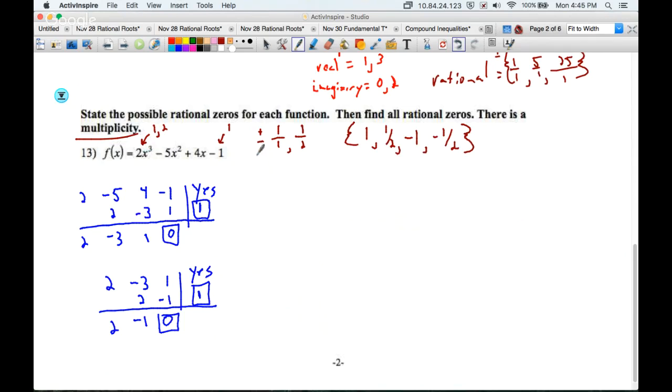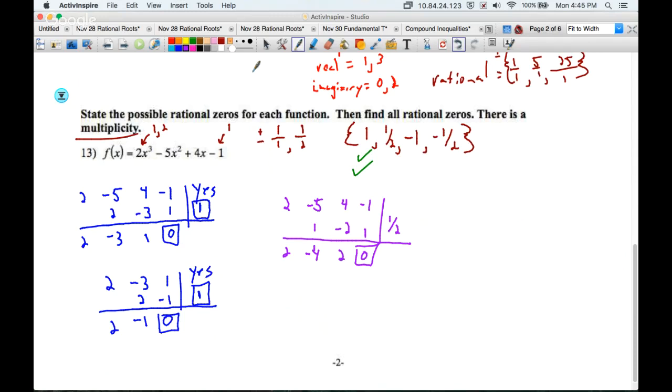The fundamental theorem of algebra predicts 3 roots. The remaining root can't be irrational, so it's got to be one of these. So let's just keep checking them until we find the remaining root. 2, -5, 4, -1. Let's test it with a half. So 2, 1, -4, -2, 2, 1, and I guess you just get lucky sometimes.